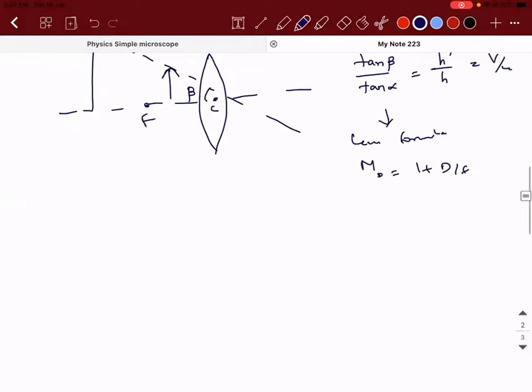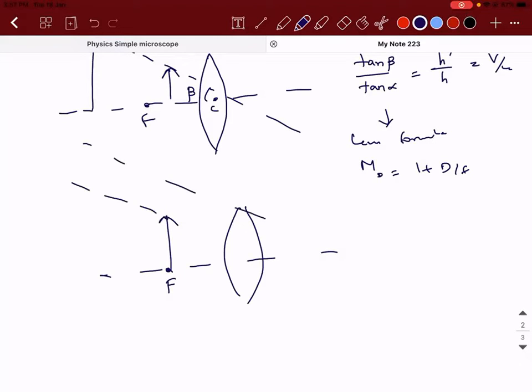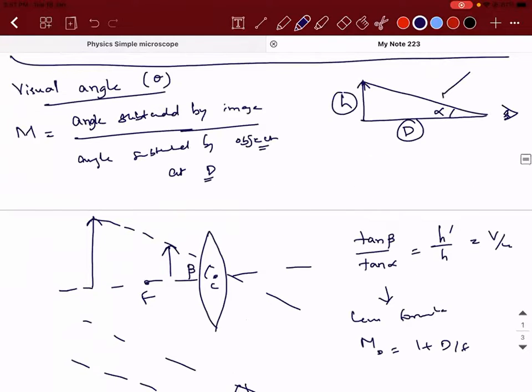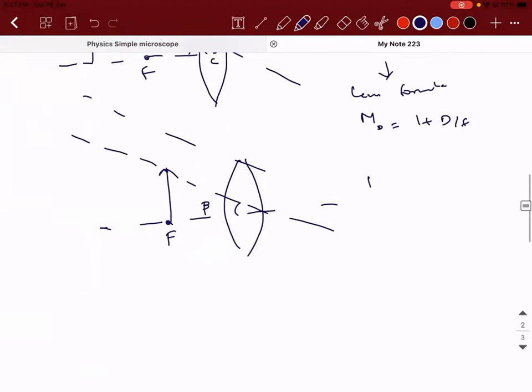Similarly, if the object is placed at focus, then the image is formed at infinity, and this angle will be beta, and this angle still holds as alpha. So magnifying power at infinity will be equal to h divided by f divided by h divided by d. The h and h will get cancelled, so it is d divided by f.